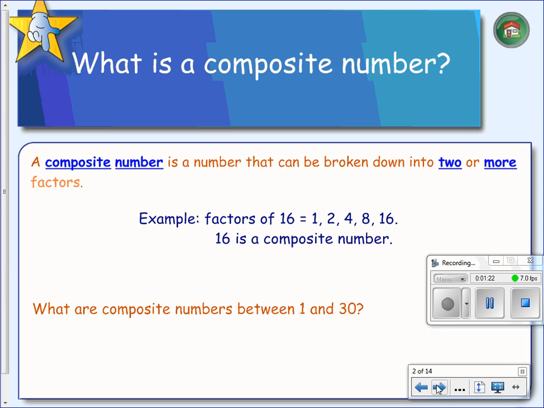2. 3. We are listing the composite numbers between 1 and 30. 3 is a prime number because its factors are 1 and 3. 2 is a prime number because its factors are 1 and 2.